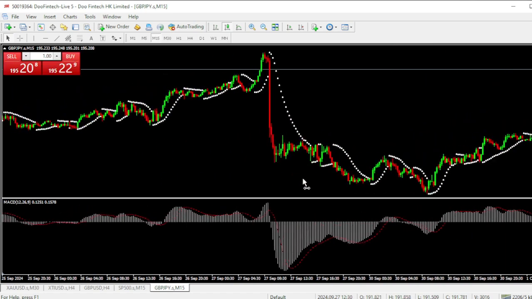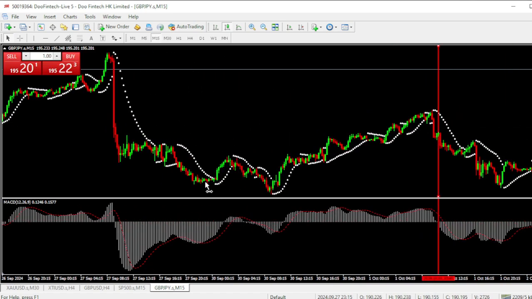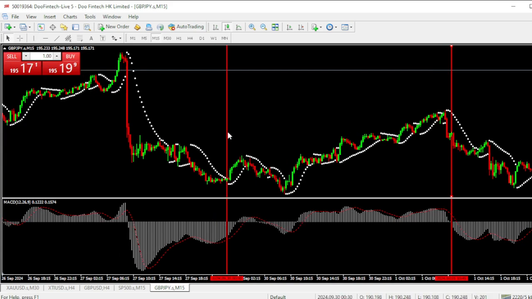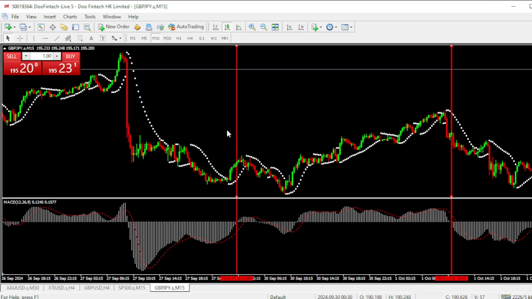So let's do it just right here in this case. Let's do it just like here, right? This was just before a down news candle, right?